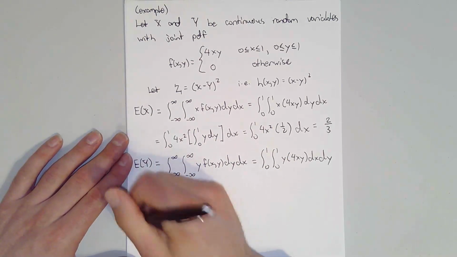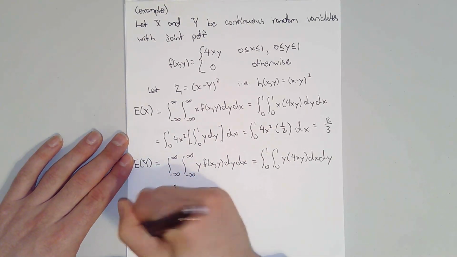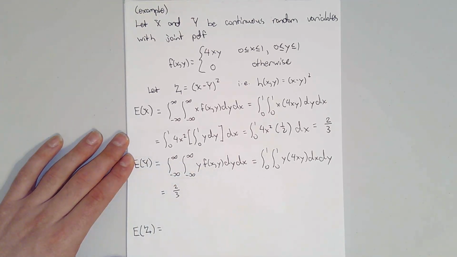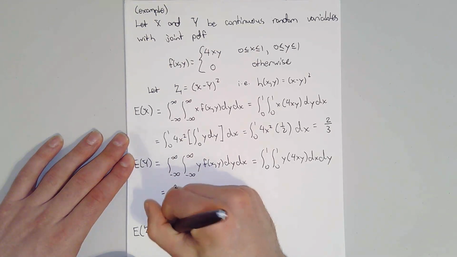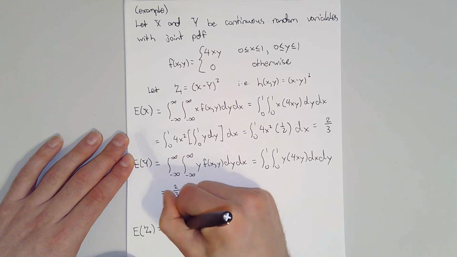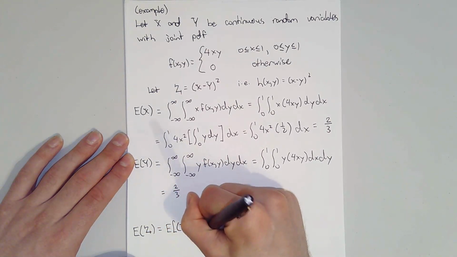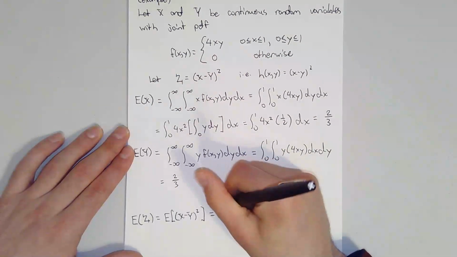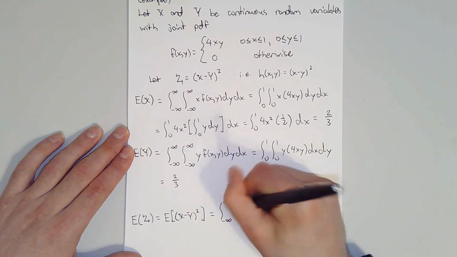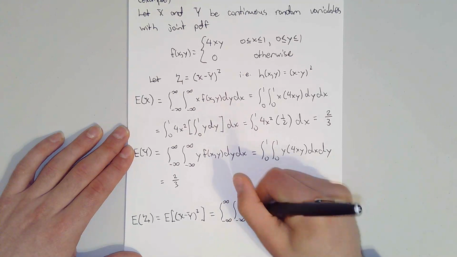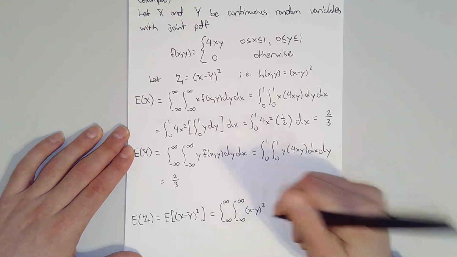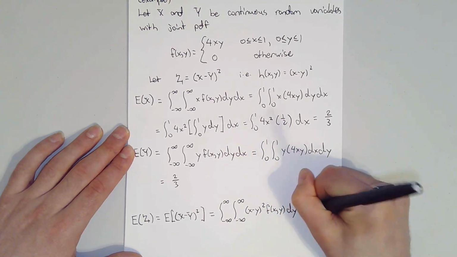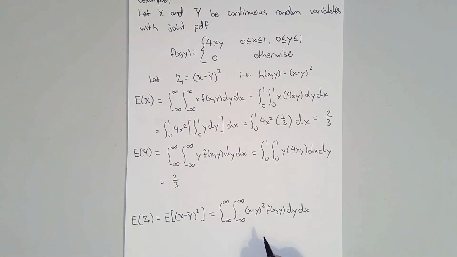So finally, the expectation value of z is given by the following, which equates to this.